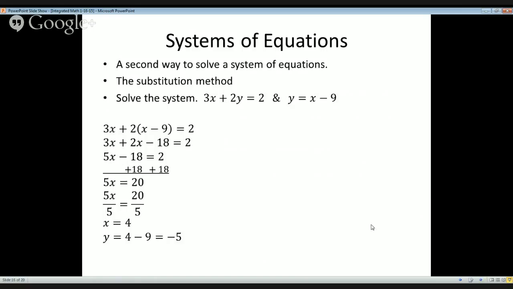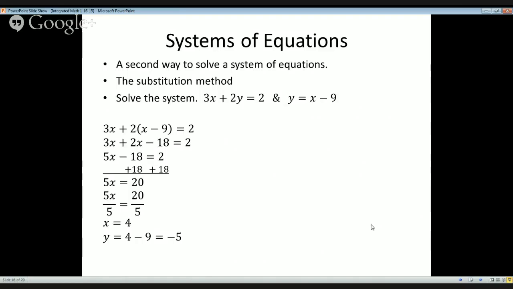Okay, so there's a second way to solve a system of equations, and that's called the substitution method. Based on what we know from before, we know that we're looking for the place where the two lines intersect. That's the place where they share an x value and share a y value.